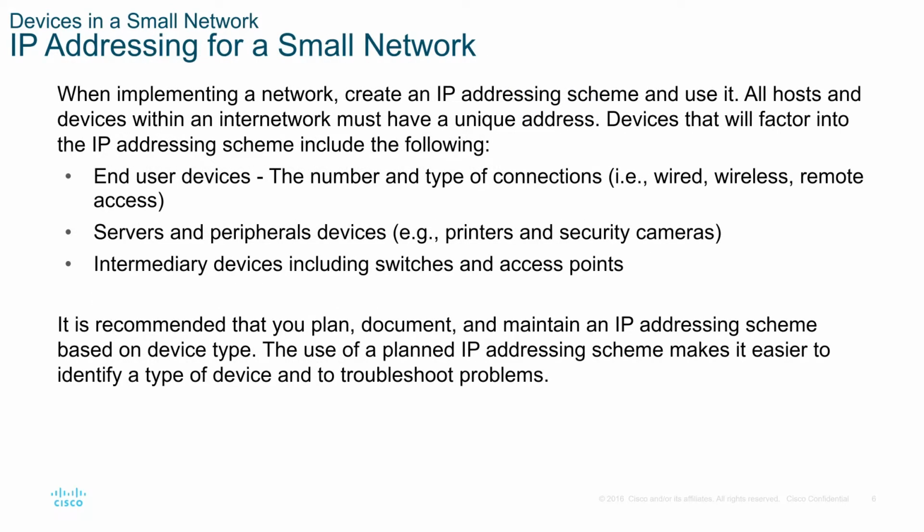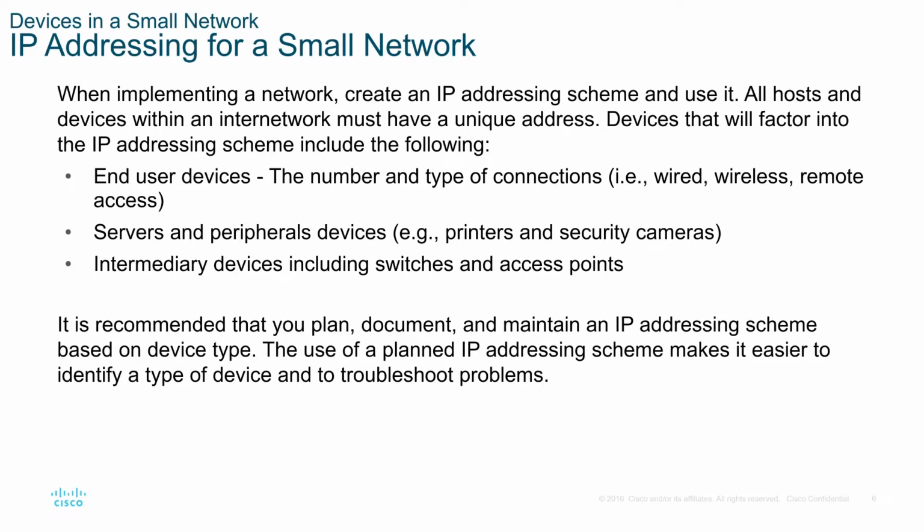When implementing a network, create an IP addressing scheme and use it. All hosts and devices within an internetwork must have a unique address. Devices that will factor into the IP addressing scheme include the end devices, the number and type of connections, whether wired, wireless, or remote access.